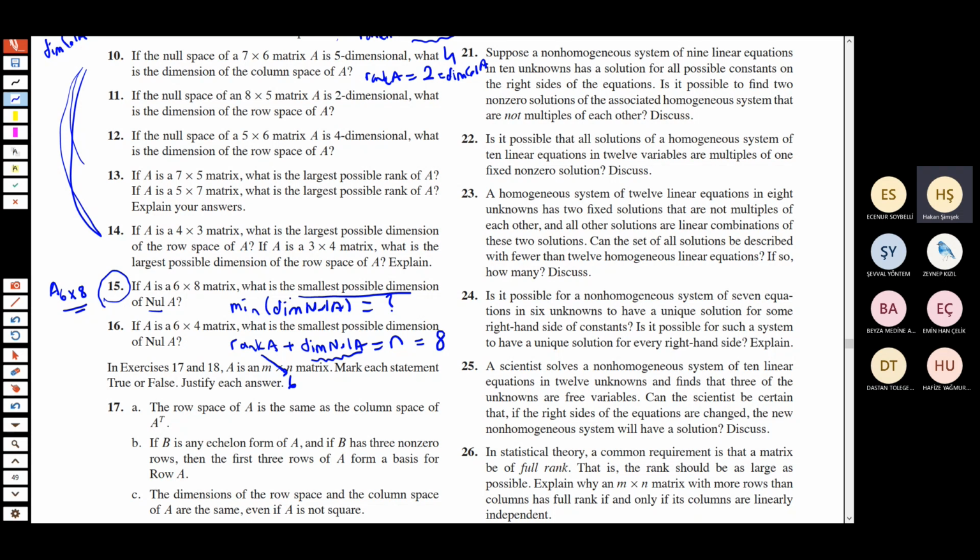Very good. This is the reason. But not more, because at most we can have 6 pivot positions, since we have 6 rows. So this is the maximum value of rank. That's why the minimum value of the dimension will be 2. Okay, did you understand?